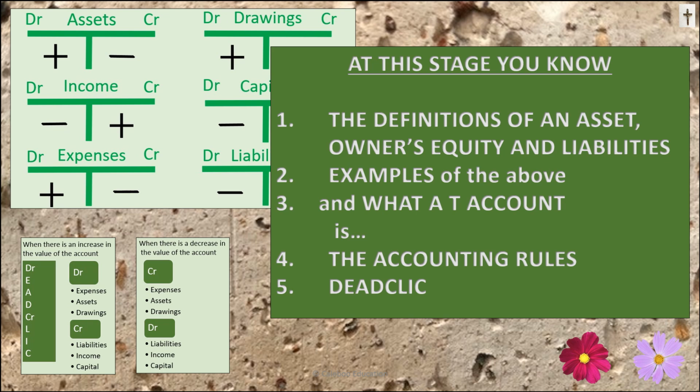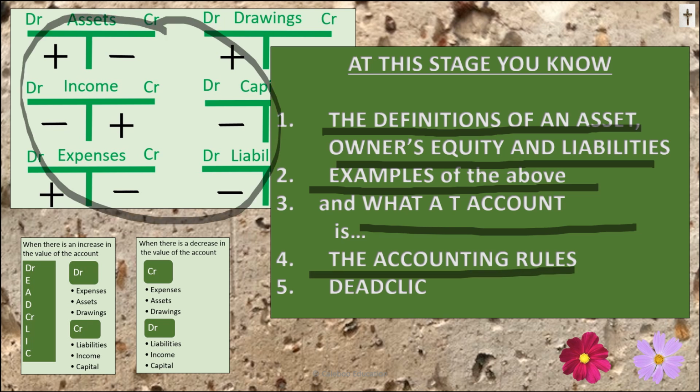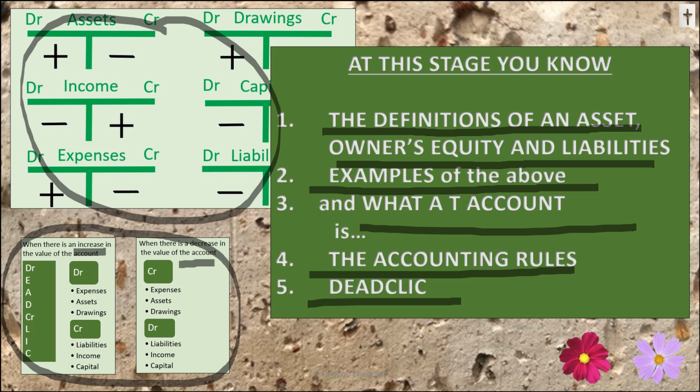At this stage, you know the definitions of an asset, owner's equity, and liabilities. You also know examples of the above and what a T account is, and we've gone through the accounting rules, and I've given you an acronym, DEADCLIC, and you understand the acronym when there's an increase and when there's a decrease.